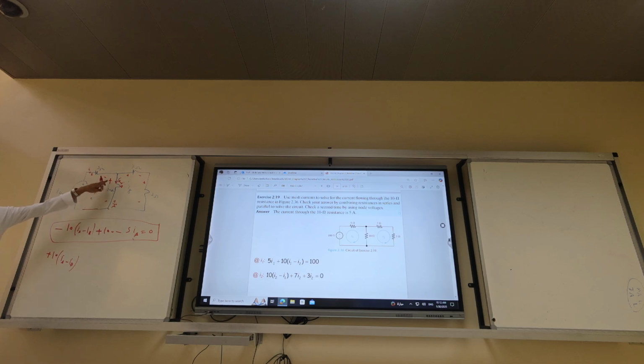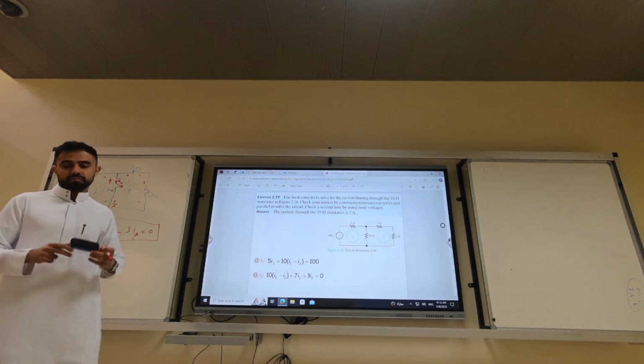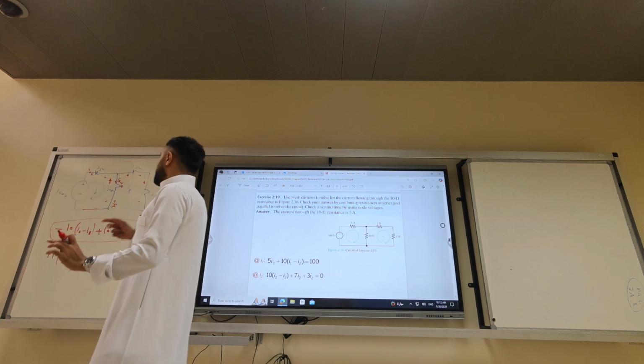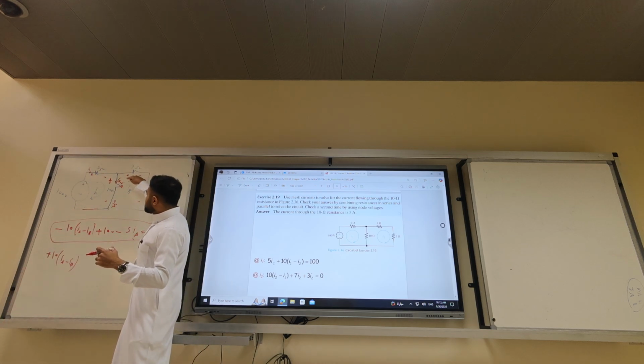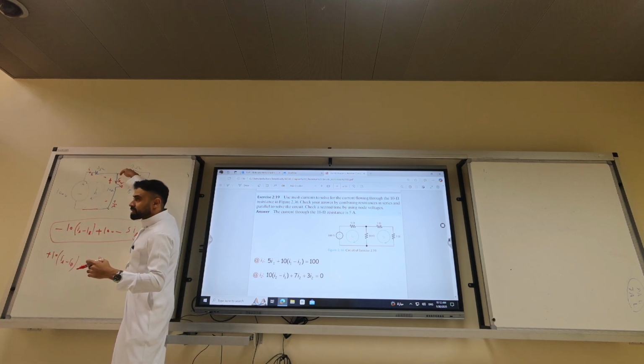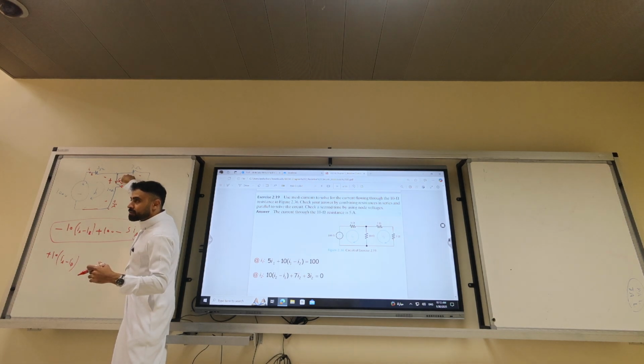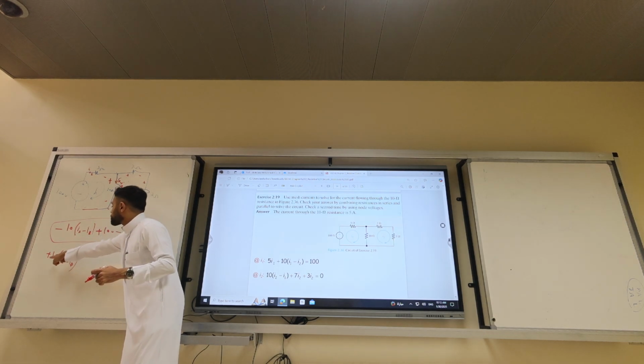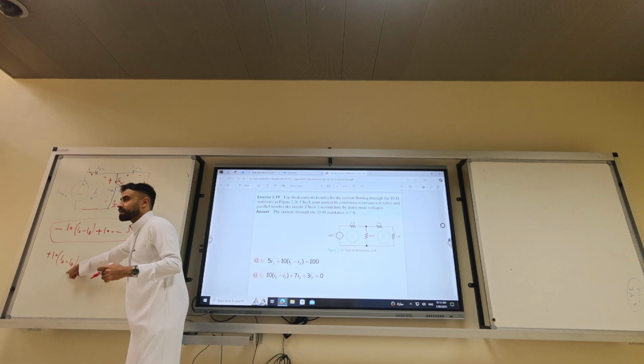So that's a voltage rise for a current that enters from the top. If you say IB minus IA, you have to include another negative sign for the passive sign configuration. Let me explain again. Because we already said the current that goes here is IA minus IB, it's a voltage rise, so plus 10 times IA minus IB.